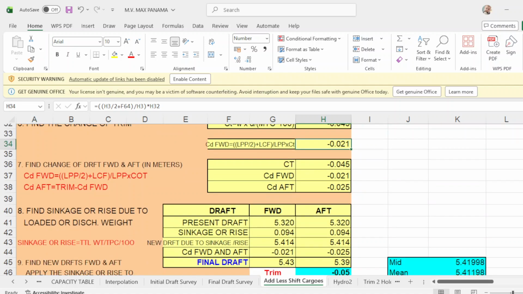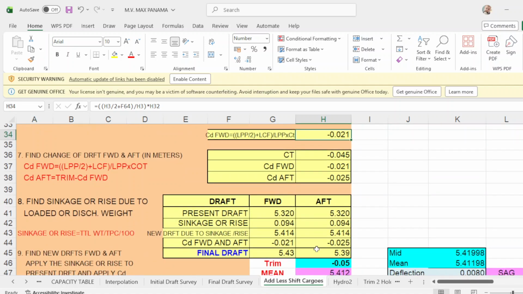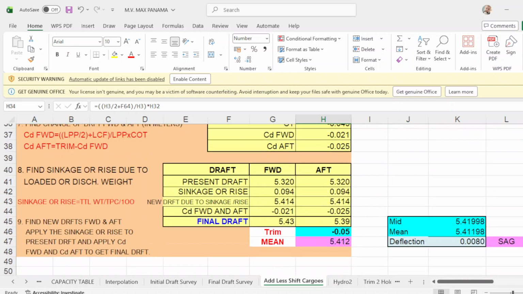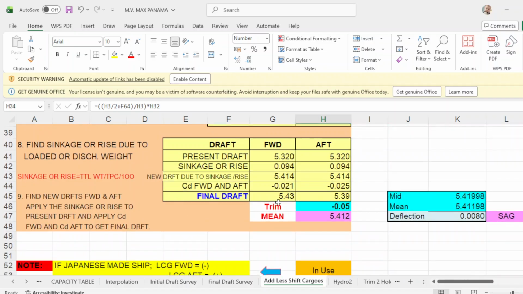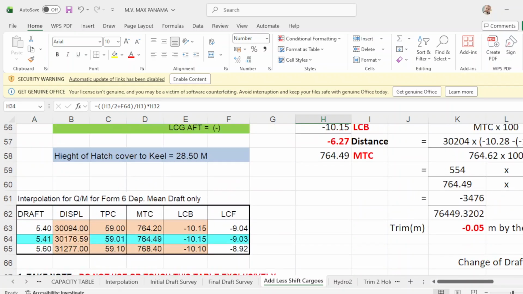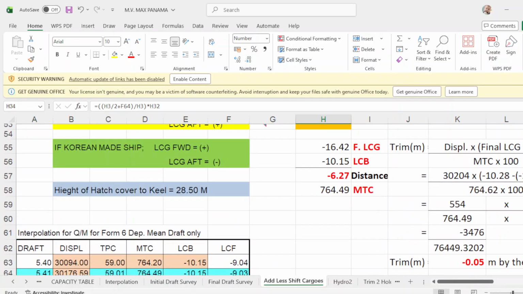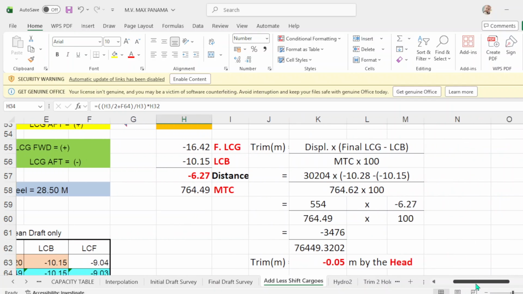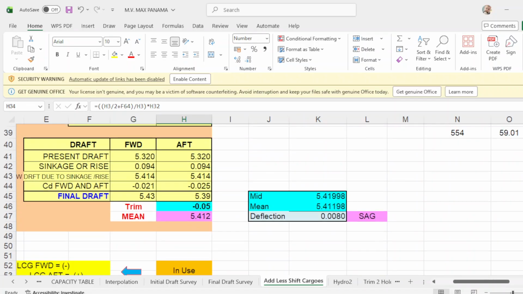Then you will, until you get up to this point, until your drop forward will be trimmed. Say you are trimmed now by the head, as in your manual computation here, it is trimmed by the head. Trim is 0.05. See, trim here is negative 0.5.